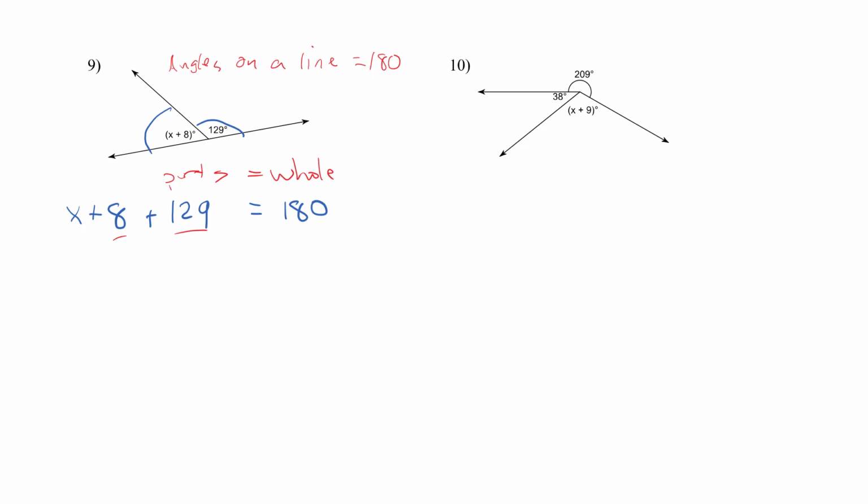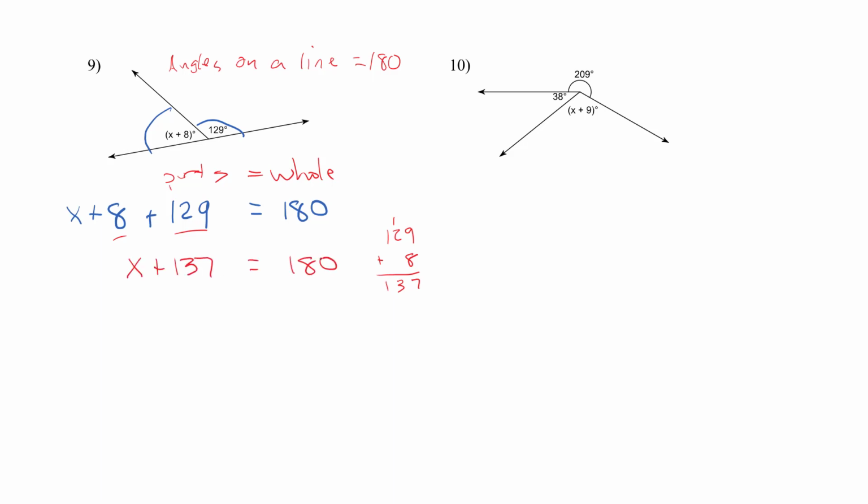All right, so I'm collecting like terms, and what I see is that I need to combine those, so I'll do some scratch work here. 129 plus 8, what am I doing? 137. Calculator check will work for that.